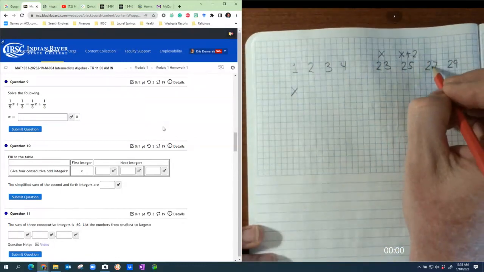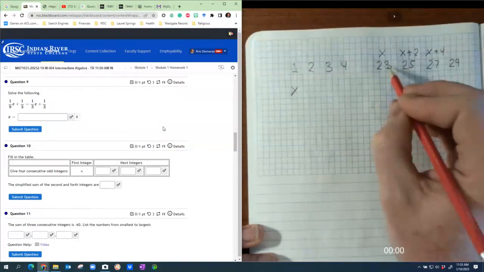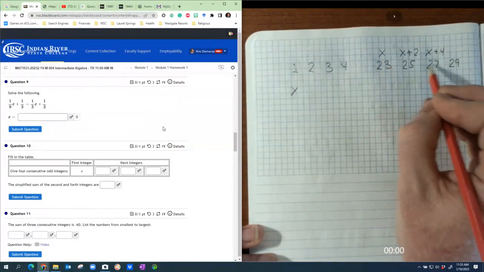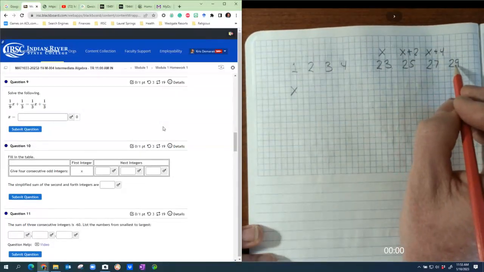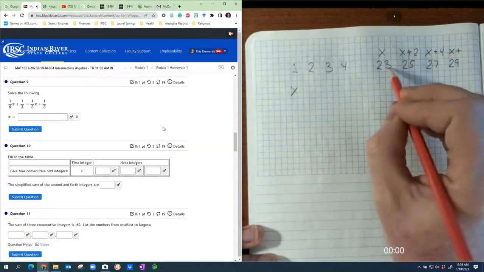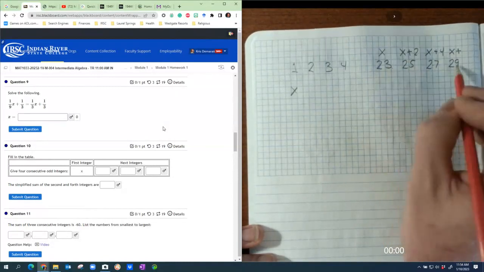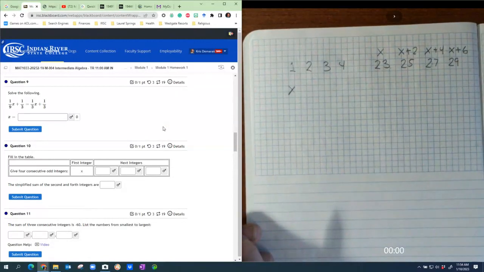Likewise, if I get to the third one, I would have to do x plus 4 to go from 23 to 27, because what is 4 plus 23? Now, to get to the next one after that, it would be x plus, and then add what to 23 to get to 29? And I would go ahead and add 6.